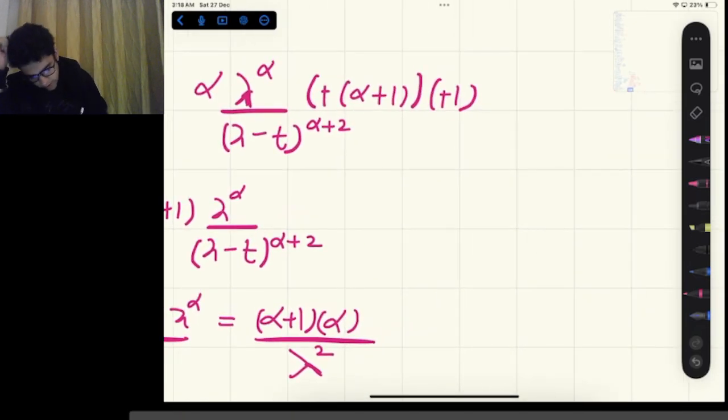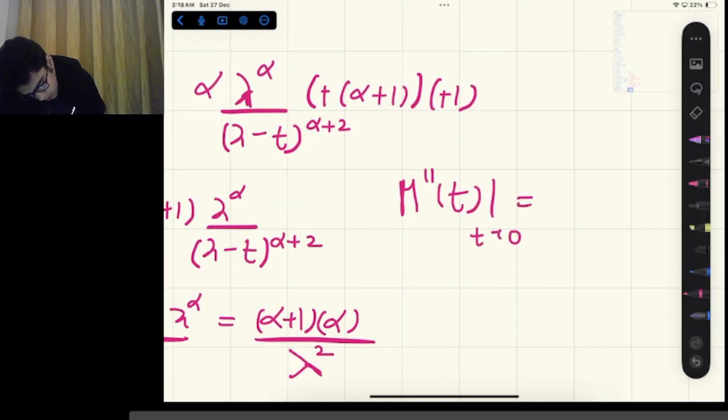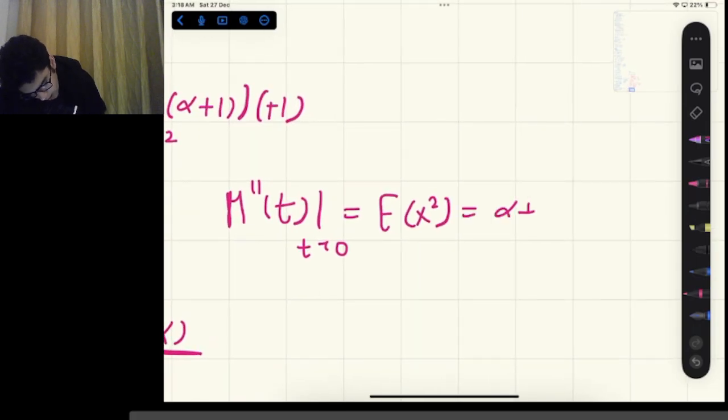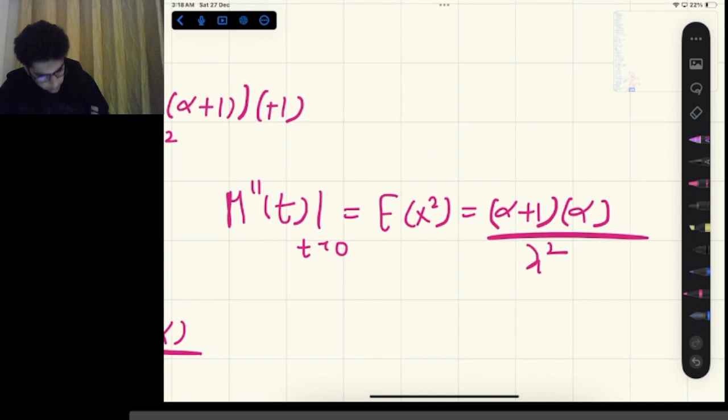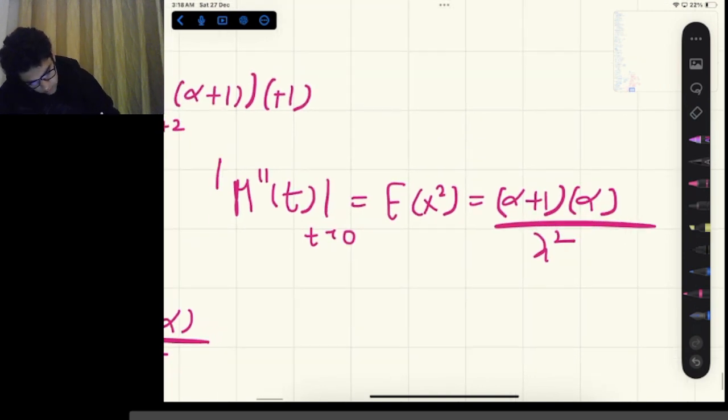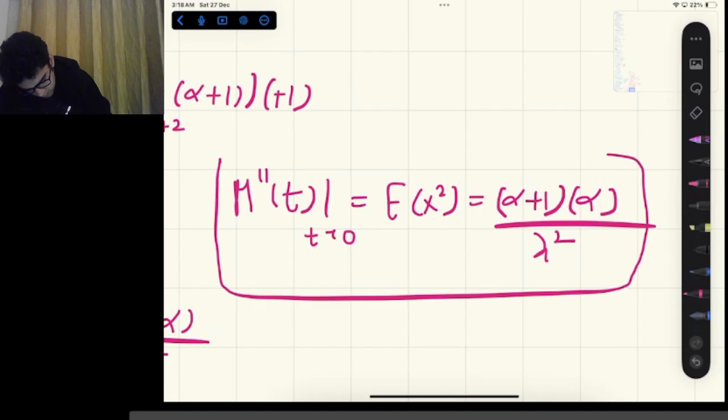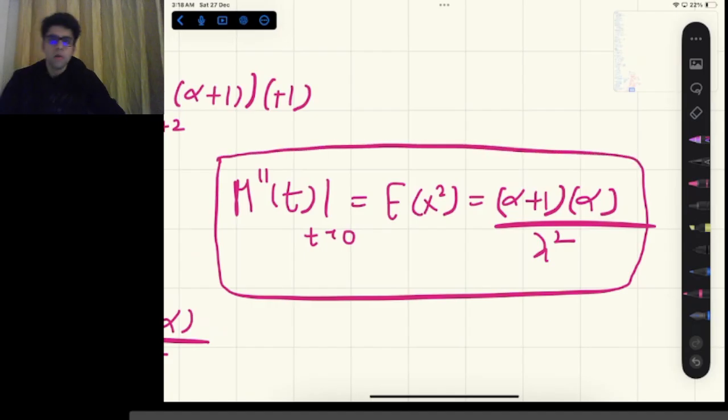So finally my m double dash t, where t tends to 0, comes out to be E of x square, which is equal to alpha plus 1 into alpha divided by lambda square, right? So I've proven it to you guys.